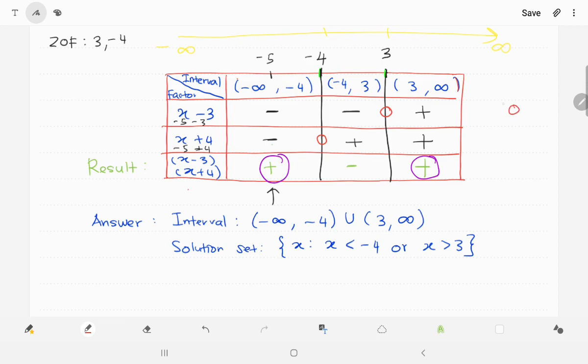Again, an empty circle means not included. A filled circle means the value is included. So please take note of this. It depends on the circle here. This one just follows.